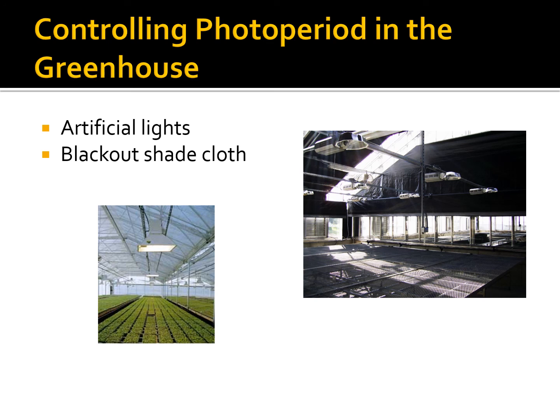If you look at the picture on the right, you see that the blackout shade cloths are starting to descend, and this can be all done automatically. That can block out light, so that can create a shorter photoperiod if you desire that for growing your crop. So those are different ways that we can control photoperiod in a greenhouse situation.